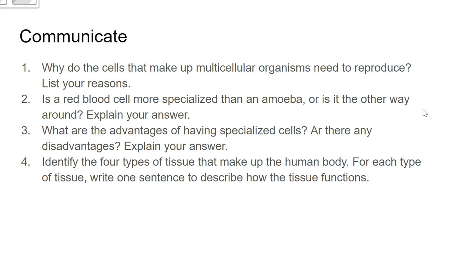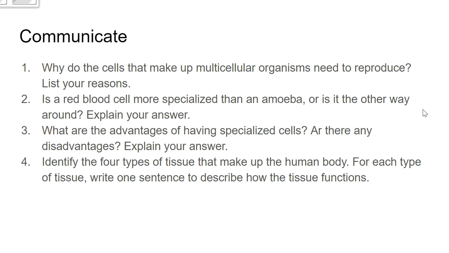To be specialized means that you have a very special or particular job. So we can have all sorts of teachers, but within the group of teachers, we can have specific social studies teachers and science teachers and math teachers. That would be specialized.